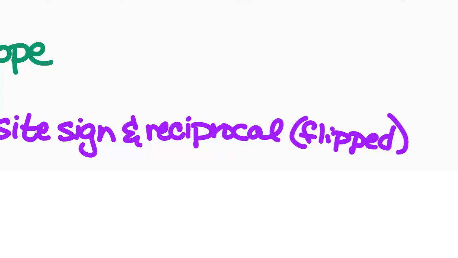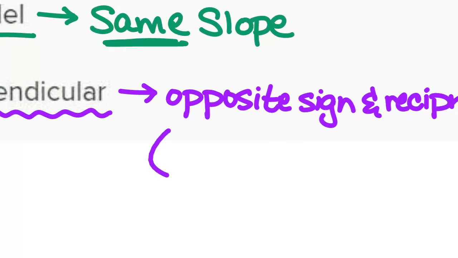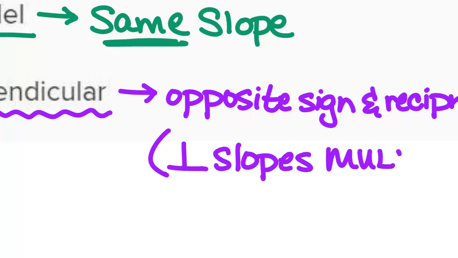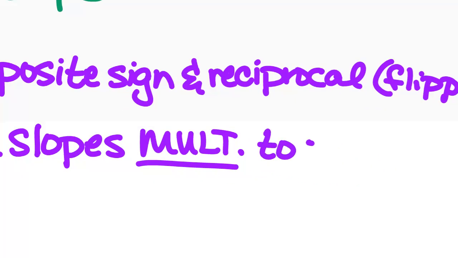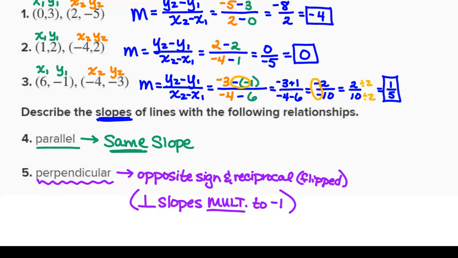If I have two slopes already and I want to see if they're perpendicular, the other thing I know is that perpendicular slopes will multiply to -1. So you could use either of those methods to determine if slopes are perpendicular.